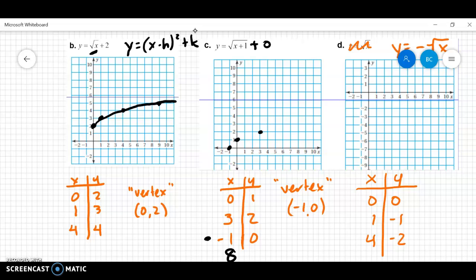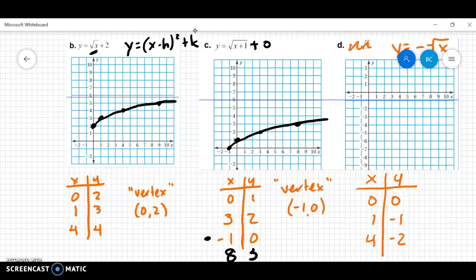The square root of that is 3. Plus 0 is 3. So I've got 8, 3. I also could have found that by, again, starting at my vertex, going up 1 over 1, up 2 over 4, up 3 over 9. So then I am going to recognize that shape each time. So there's my lazy parabola on its side, but only the positive root of it.